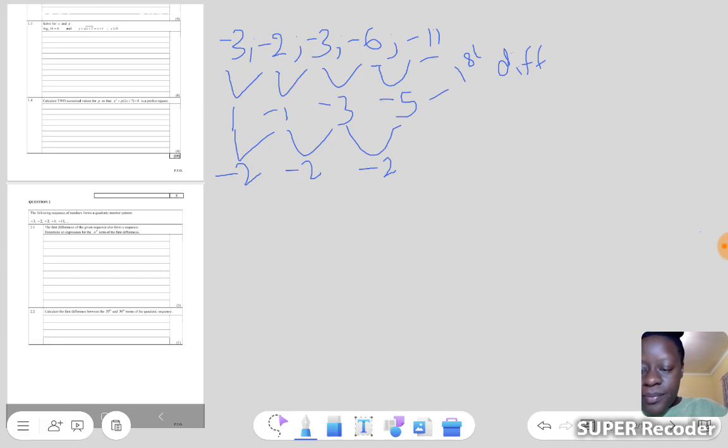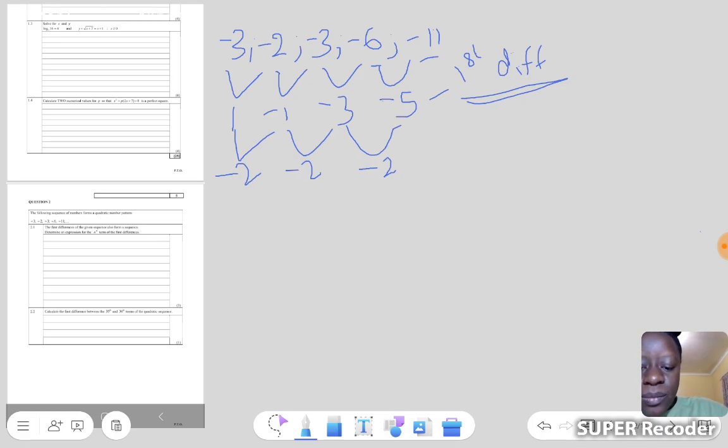So let's answer the questions. It states 2.1, it says that the first difference of the given sequence also forms a sequence. And I told you that it also forms an arithmetic sequence. So it says determine an expression for the nth term of the first difference. By the nth term, they mean the general term.